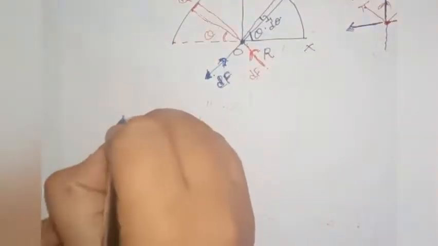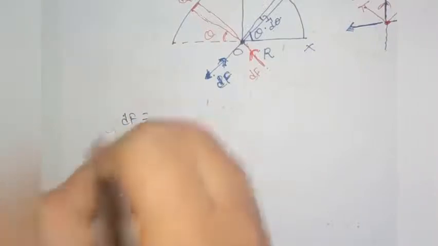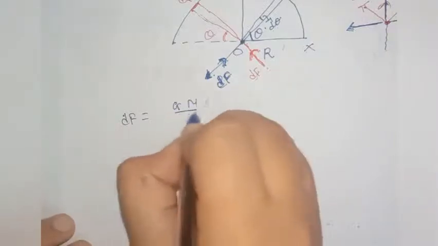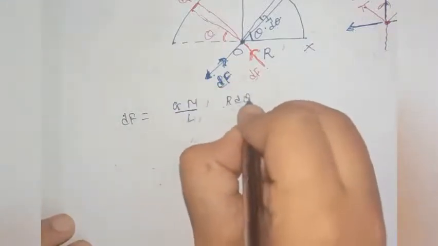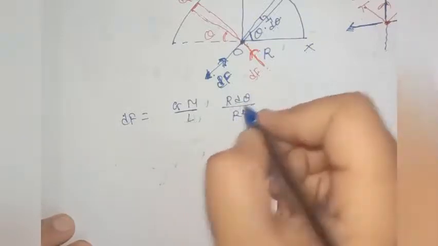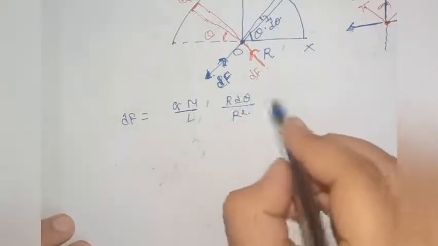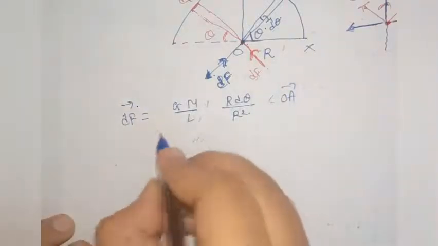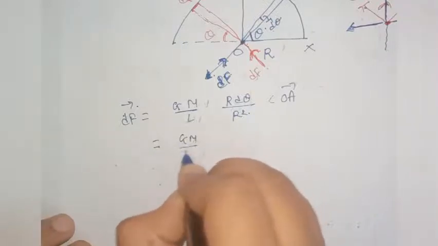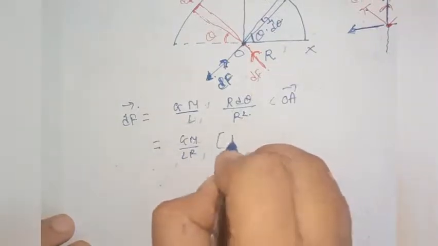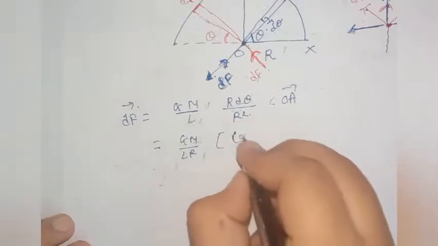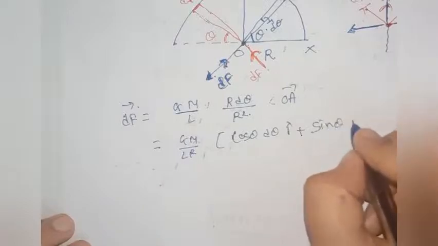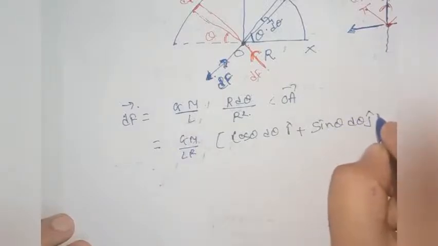The gravitational force df is equal to GM upon L into r d theta upon r square, located along side OA. So this can be written as GM upon LR into cos theta d theta i cap plus sin theta d theta j cap.